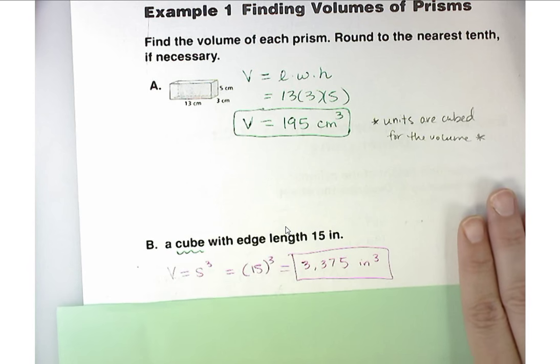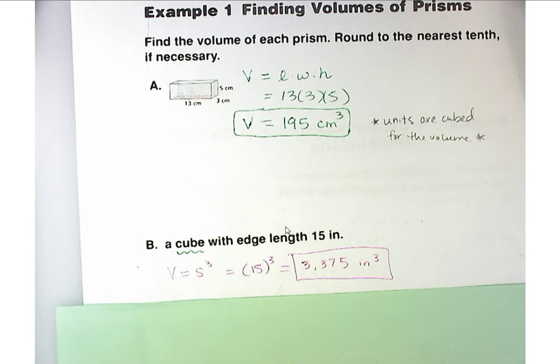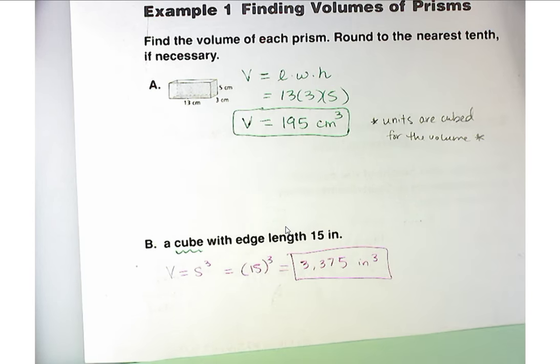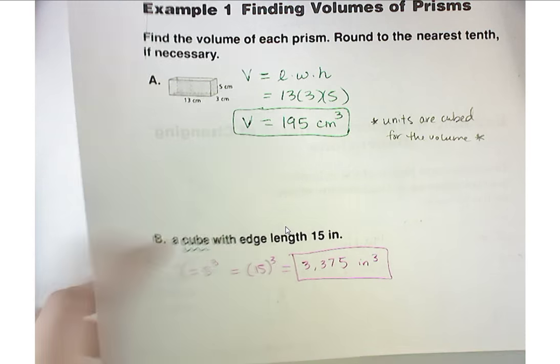And you will get 3,375. And that's going to be inches cubed. Okay, don't forget to put your units on there. Okay, so far those are pretty straightforward.